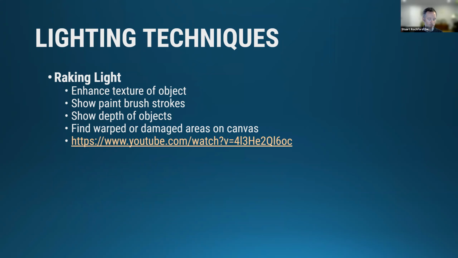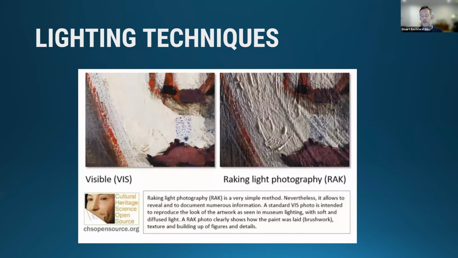Raking light is an interesting technique if you do need to show texture of an object, for paintings or anything that might have some writing, or if you want to analyze warped or damaged areas. You can take a look at some of those features with raking light. And here's an example, left and right.